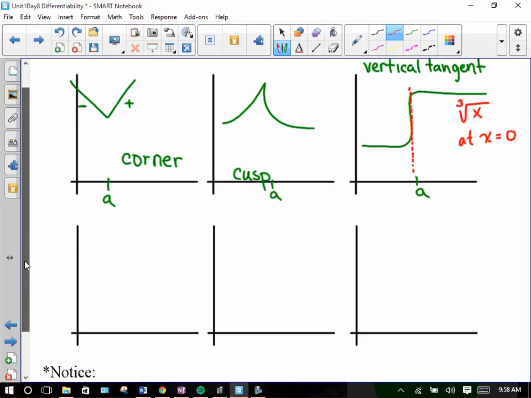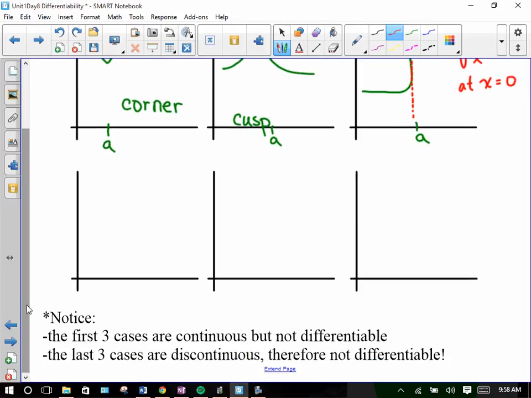The other ones are not differentiable just because they are not continuous. So you can have a hole. This function is not continuous.